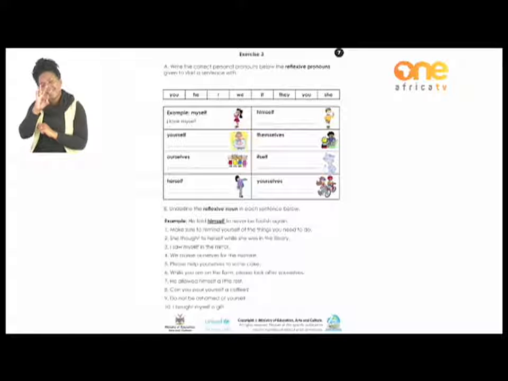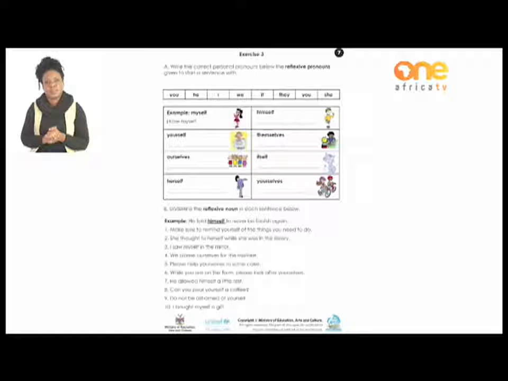So what you are going to do is, example myself. You are going to write a sentence using a personal pronoun that falls under myself. I have given you the example: I love myself.